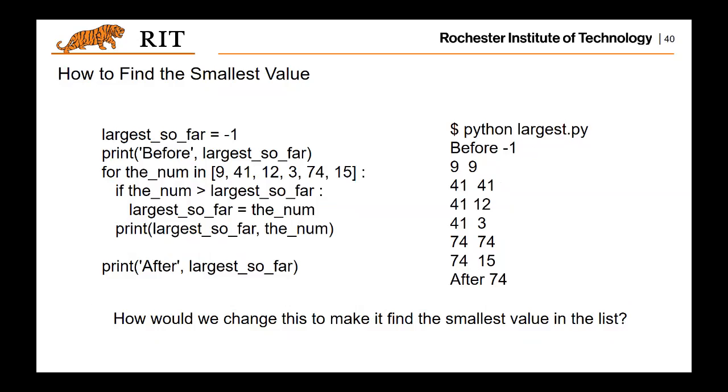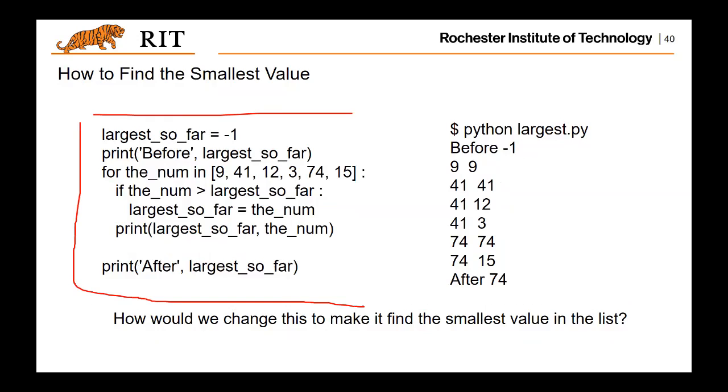So we have gone through the code for finding the largest value. How about we change it to finding the smallest one? Here you are seeing the original code for finding the largest value. Let's make some changes to the original code and change it to find the smallest value.